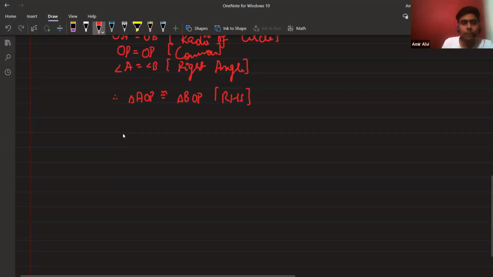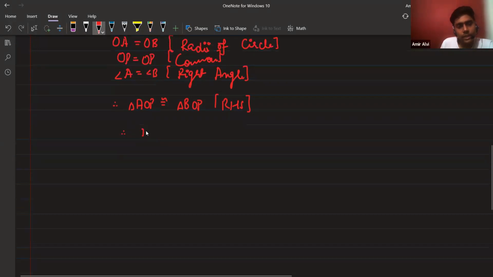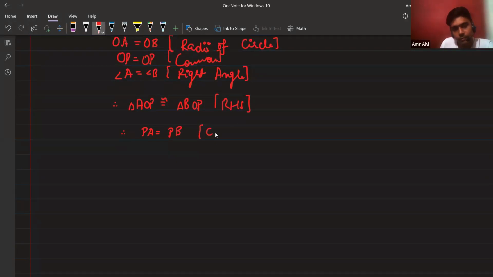Okay, clear everybody? So from CPCT, can I say that PA is equal to PB? Yes, sir. This PA is corresponding to PB, corresponding parts of congruent triangles. Very good. Hence proved. That's what we need to prove. Whenever two tangents are drawn from an external point, they are equal in length.